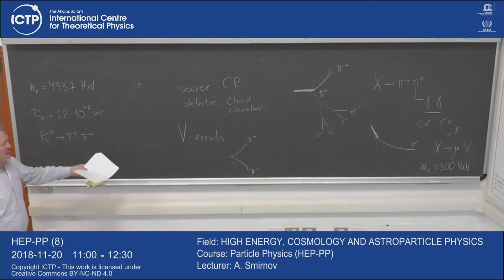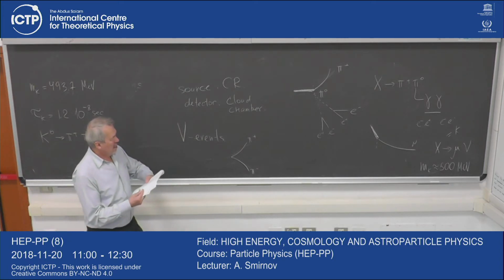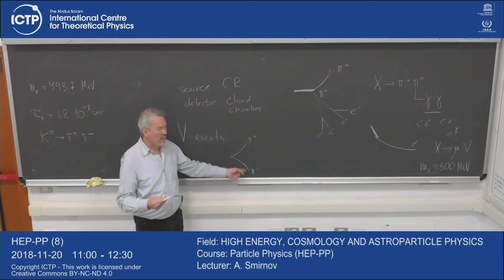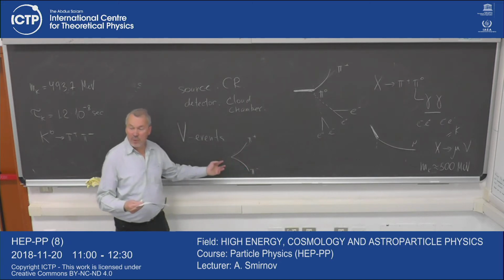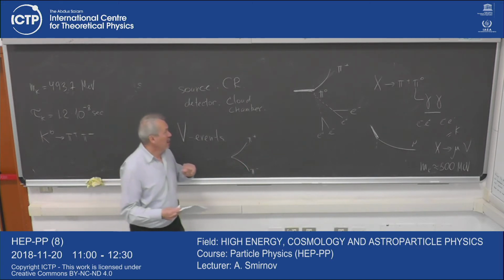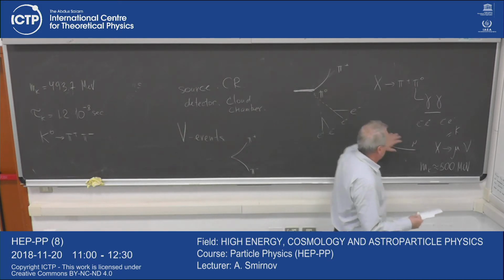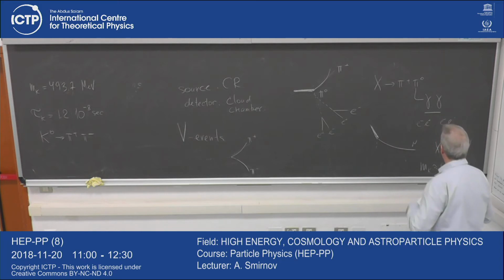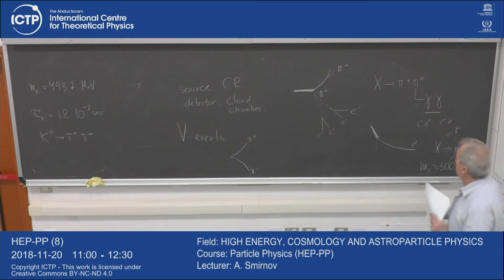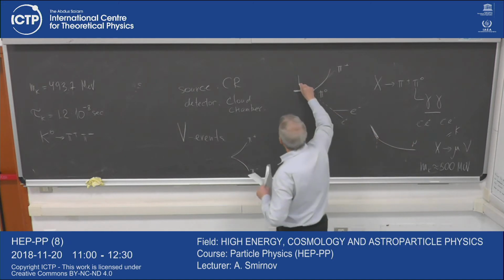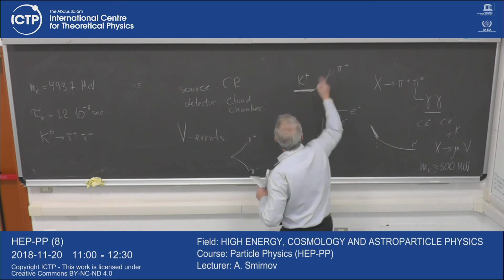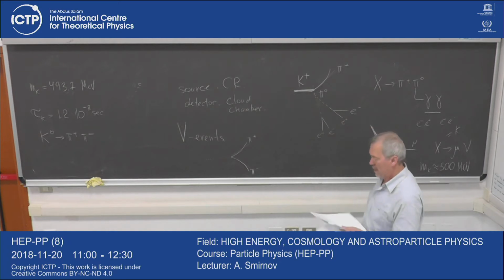You can also measure the pi energy and momenta and find the mass of the decaying particle. So this testifies for the existence of new particles. And that is also a charged particle, K plus, which decays into pi plus and pi 0.